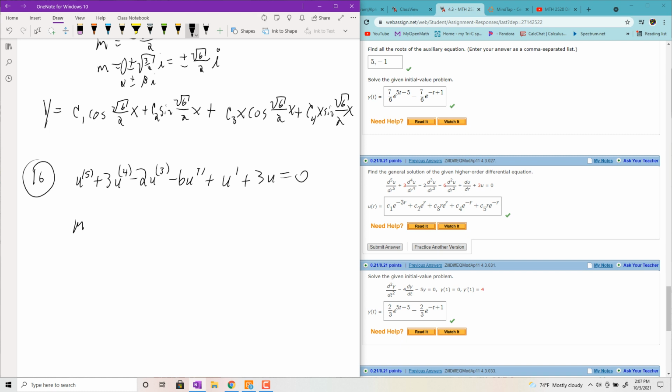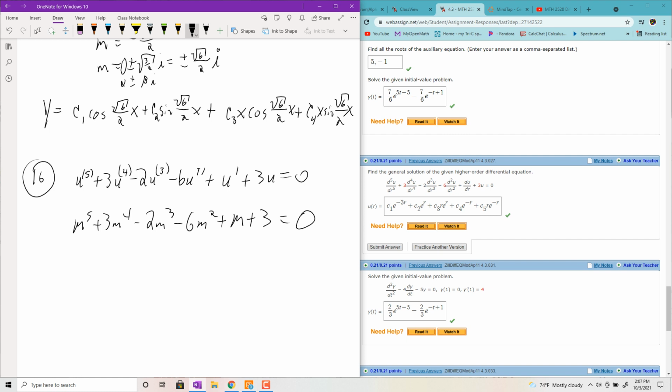The auxiliary: m to the fifth plus 3m to the fourth minus 2m cubed minus 6m squared plus m plus 3 equals 0. I bet the root is probably going to be negative 1 or 1, just looking at how all the small terms are.